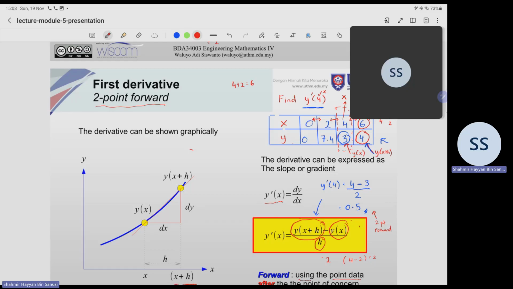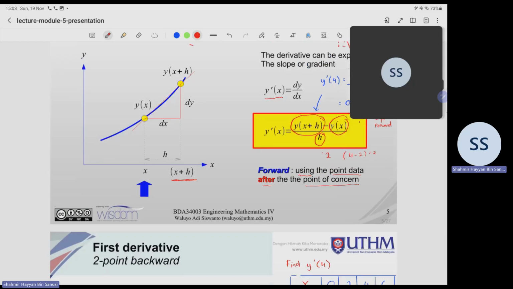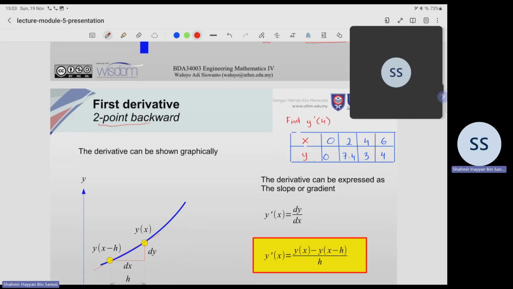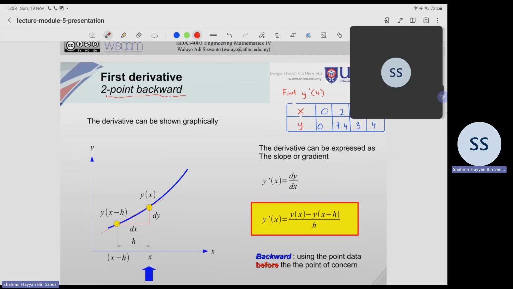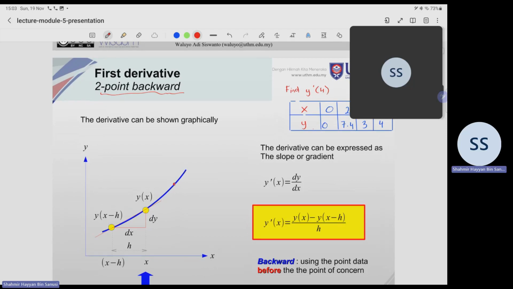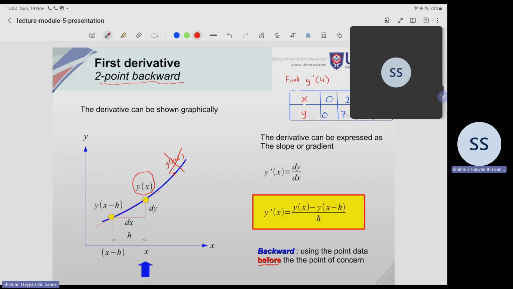All right, now let's look at 2-point backward. For 2-point forward, we use the data at y(x plus h), but for 2-point backward, we don't use the point after, we use the point before. So if we have y(x), we need to consider the value before the point of concern, which is y(x minus h).